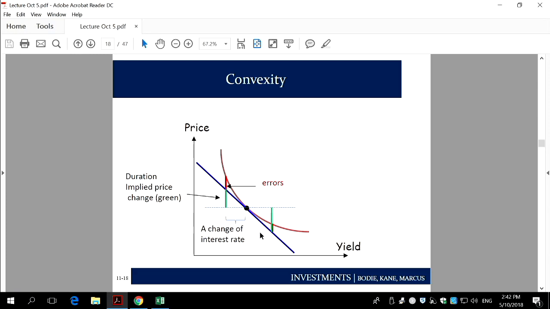So this graph just tells you this implied price change could be close, but there are tiny errors. The same thing works if your interest rate increases. Then your implied price change will be bigger than the real price change. And so this is where those small errors come from.